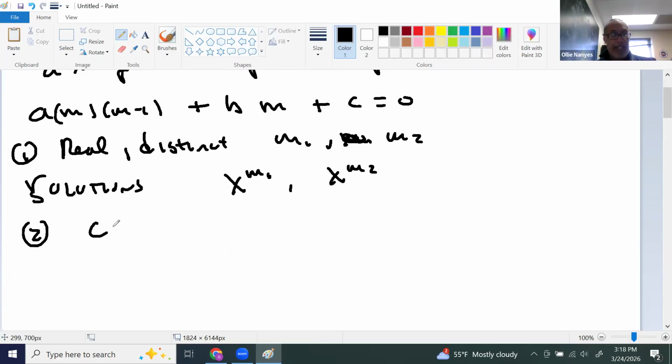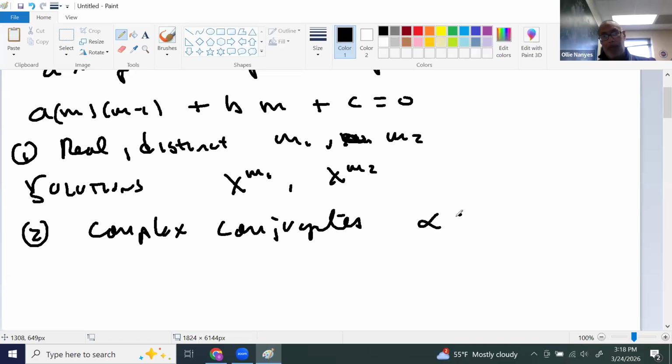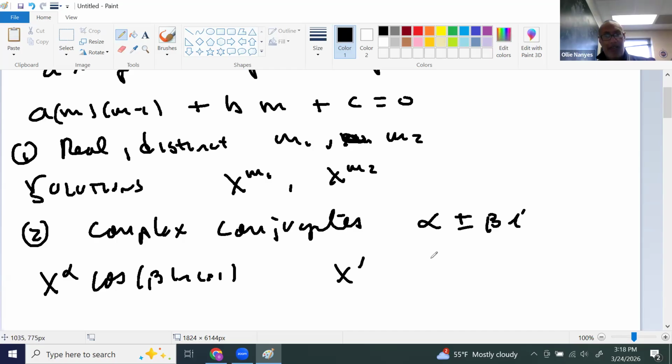2, complex conjugate. Alpha plus or minus beta i. Then the two solutions are x to the alpha cosine beta log x and x to the alpha sine of beta log x.